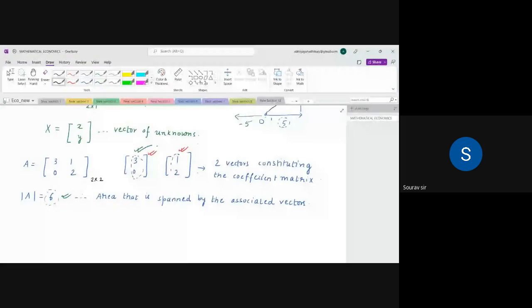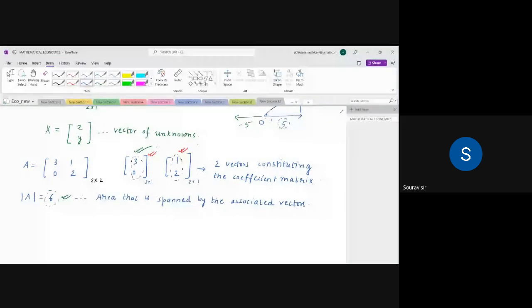These two we often used to call matrices earlier, like this is a 2 cross 1 matrix and this is a 2 cross 1 matrix. But henceforth we will be calling these vectors. People who have read vectors earlier in your maths or any other subject, the idea is essentially the same, but the representation is different.